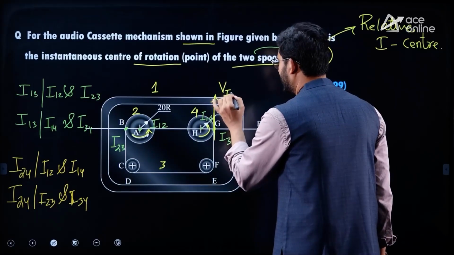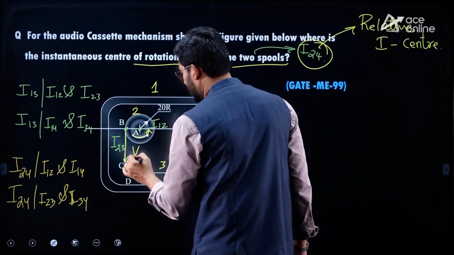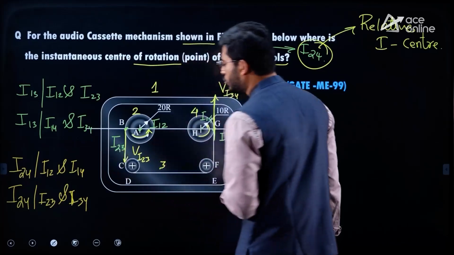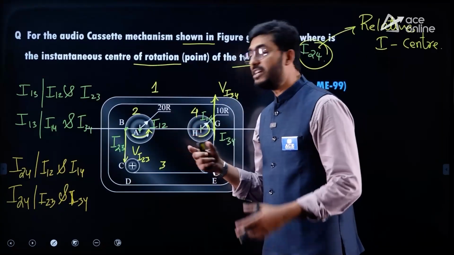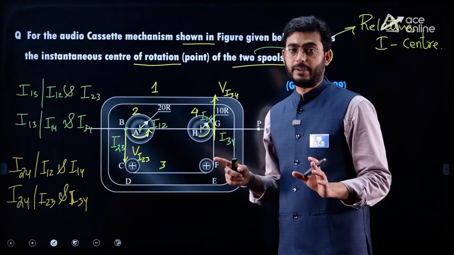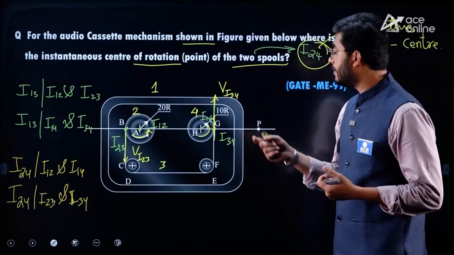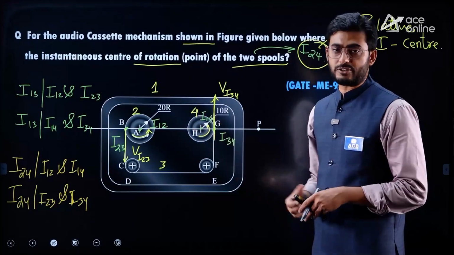So this would be Vi34, and this is going to be downwards. This is Vi23. These two velocities have to be the same so that the belt will remain intact with the pulleys, with no slipping, when this winding or unwinding process is happening.